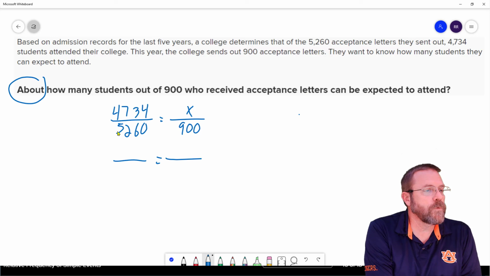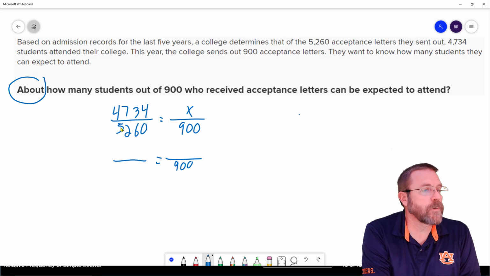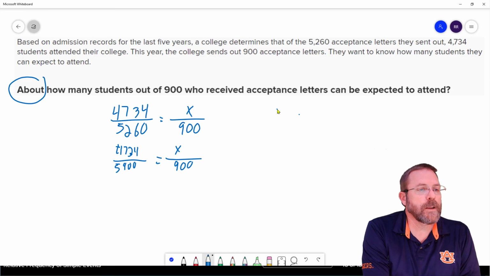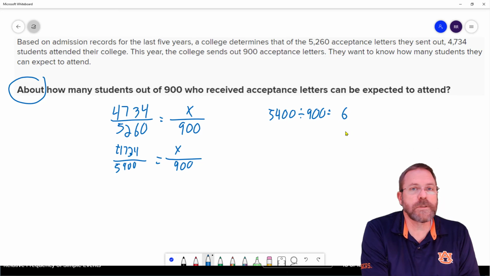I want a number that's close to that number that's going to be divisible by 900. And the answer is going to be 5,400. Of course, the 4,734 is going to stay, and the x is going to stay. Now I can say that 5,400 divided by 900 is just going to equal 6.